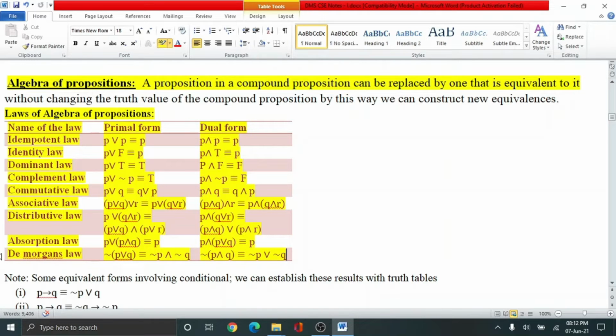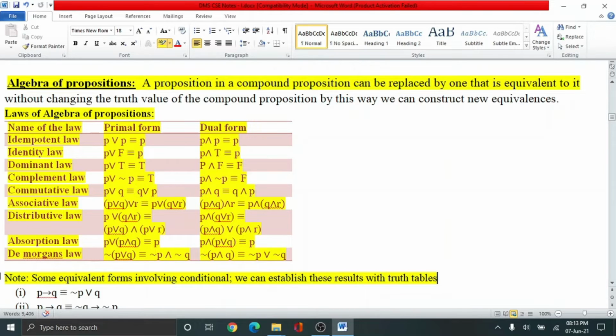The primal form is given by negation of P disjunction Q is equivalent to negation P conjunction negation Q, and its dual form is given by negation of P conjunction Q is equivalent to negation P disjunction negation Q. So these are all the very important laws we have to remember, and all these are very useful in replacing a compound proposition with an equivalent compound proposition without changing the truth value.